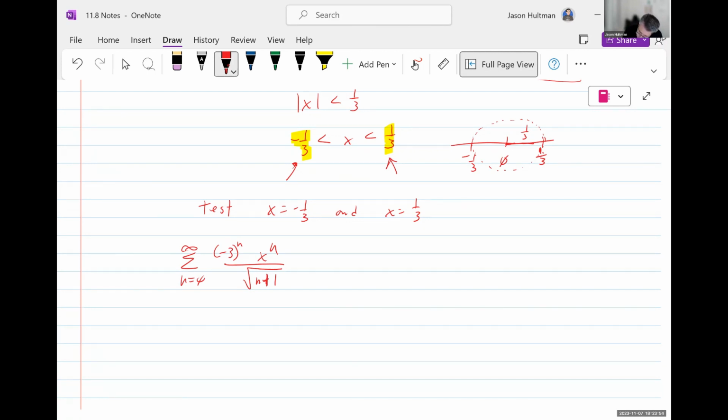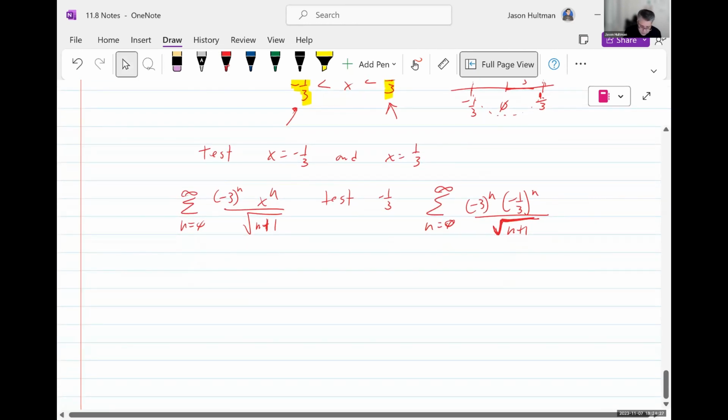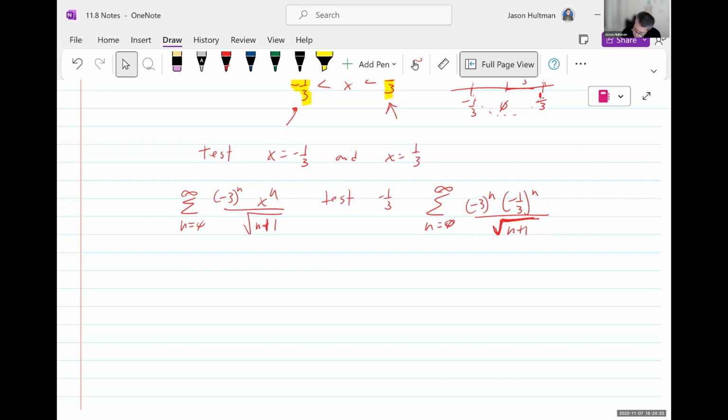Okay, so let's test negative 1/3. We'll see what happens here. If I plug in negative 1/3, I get the summation n equals 0 to infinity of negative 3 to the nth times negative 1/3 to the nth, all over the square root of n plus 1. Well, those cancel.